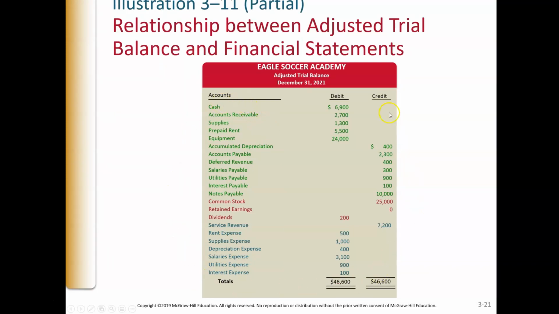There is an order on a trial balance. So the balance sheet accounts are listed first: assets, liabilities, stockholders' equity. Then dividends are listed, then revenues are listed, then expenses are listed. So the balance sheet accounts are listed first, statement of stockholders' equity accounts, and then income statement accounts.